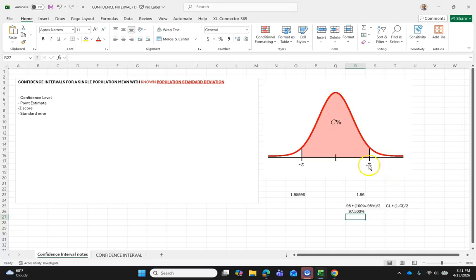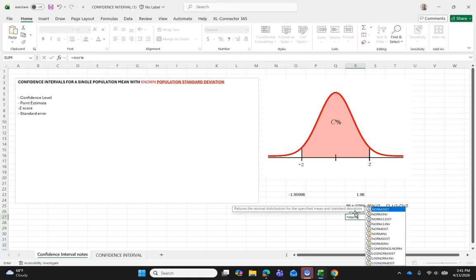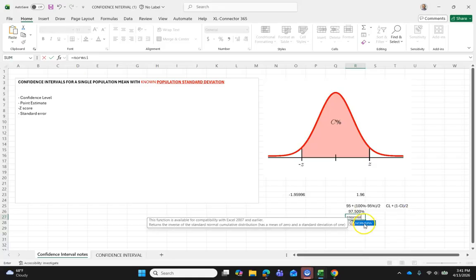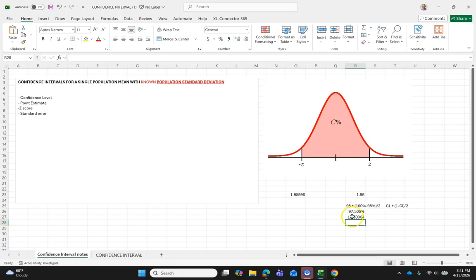So to get this z value, we are going to use an Excel function. So I'm going to put an equal sign there, and here we have 97.5%. So it is our probability. So I'm going to use the NORM.S.INV function, and I'm going to click on this probability. And that will give us this positive value, which is 1.95, I mean 1.96.